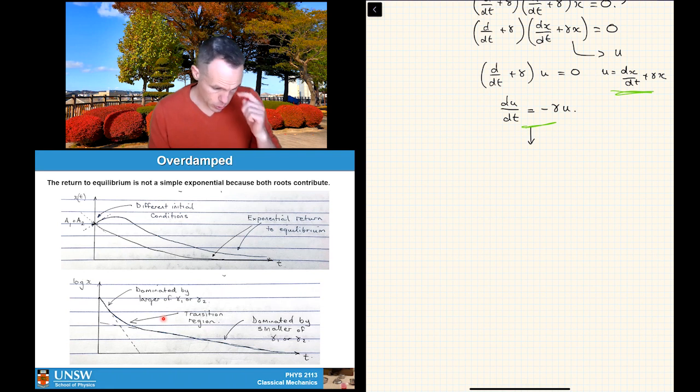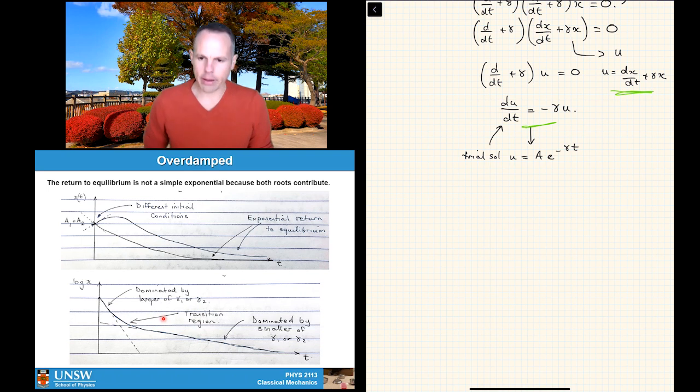Okay, so this second equation, we can integrate that, and we know what the solution for that is. It's going to be u equals A e to the minus gamma t. And you can check for yourself by taking du on dt that this thing actually works. So this is just a trial solution for that, and it actually works out to be the right solution there.